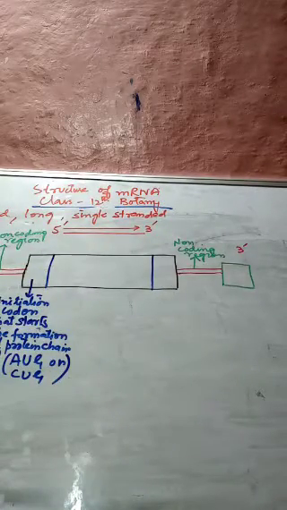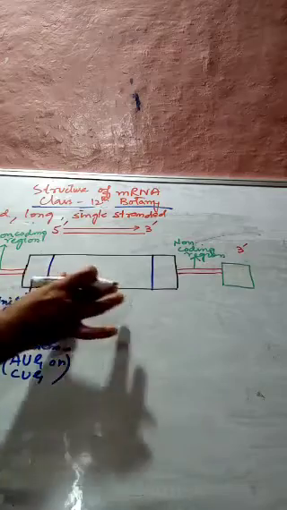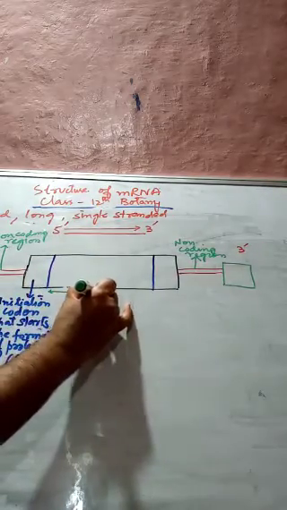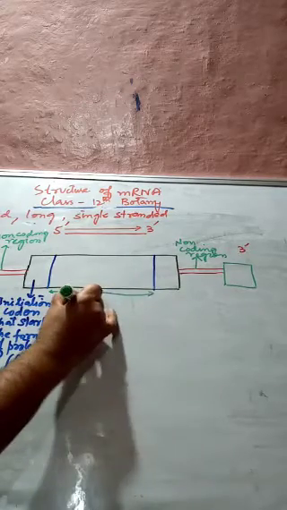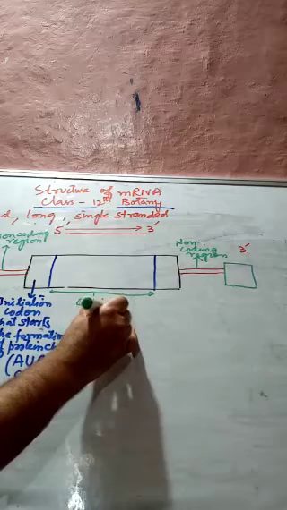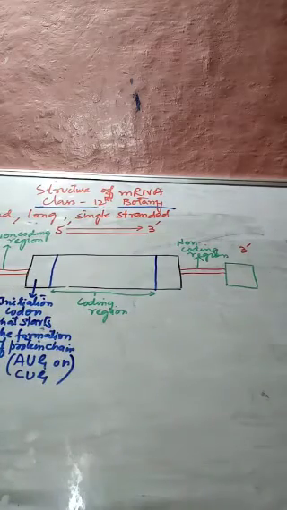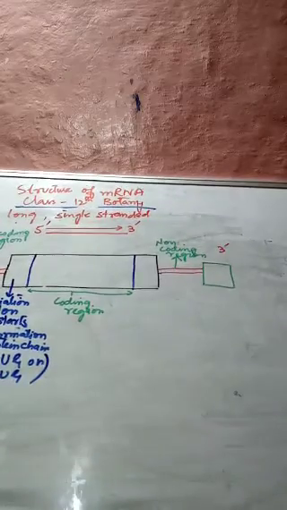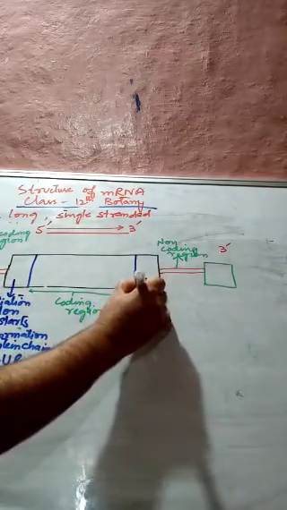Now, what is this red portion? This is the coding region. It contains the codes. And what is this? This is the termination codon.